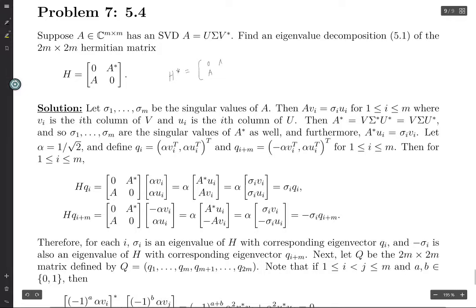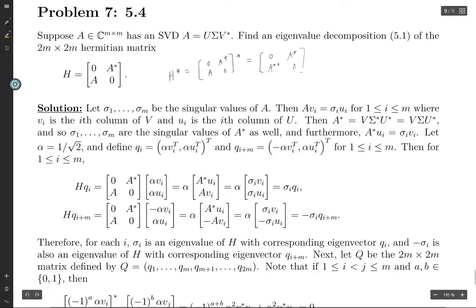you take 0, A star, 0, and you take the complex conjugate, or the conjugate transpose. And so when you transpose it, you get 0, and you get A star. No, when you take the, this ends up being A star star, A star 0.